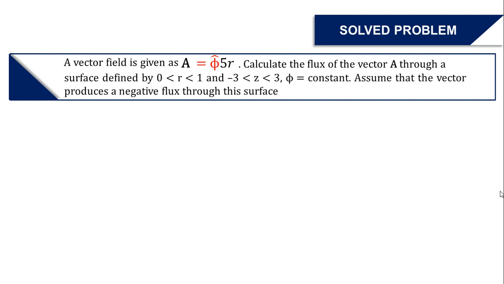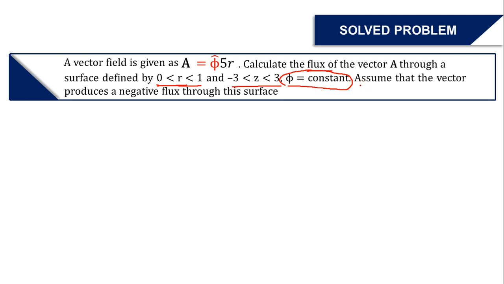Okay? So let us solve a problem here that a vector field is given as A is equal to phi hat 5r. We are to calculate the flux of this vector through a surface defined by r between 0 and 1, and z between negative 3 and 3, and yung ating phi, sabi, constant daw yan.